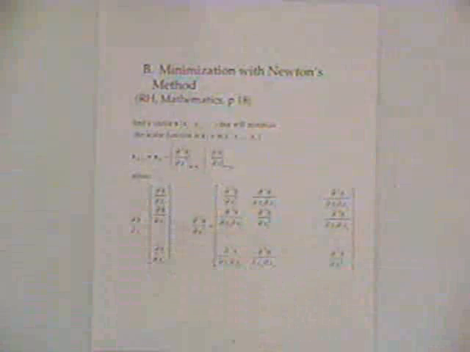Okay, let's move on to another kind of Newton's method. This is on the top of page 7 in your handout. And this is a technique which is designed to minimize a scalar function of several variables. All right?